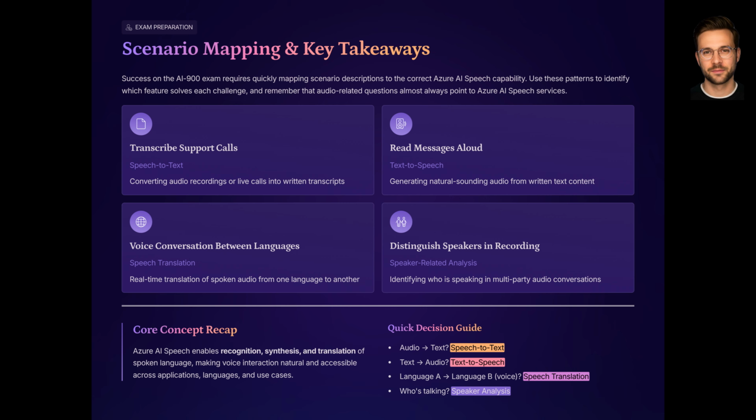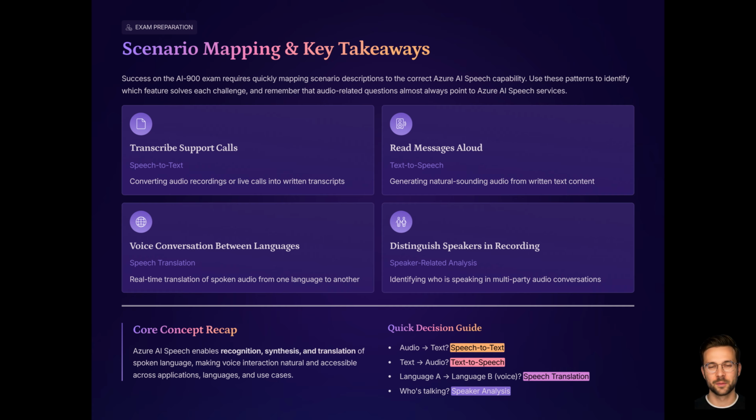Scenario 5. A contact center wants to identify which agent and which customer are speaking at different times in a call recording. Here, the emphasis is on distinguishing speakers. This suggests using speech-to-text plus speaker-related analysis, such as speaker diarization. In all these examples, the common pattern is that the data is audio, and the tasks all align with capabilities of Azure AI Speech.